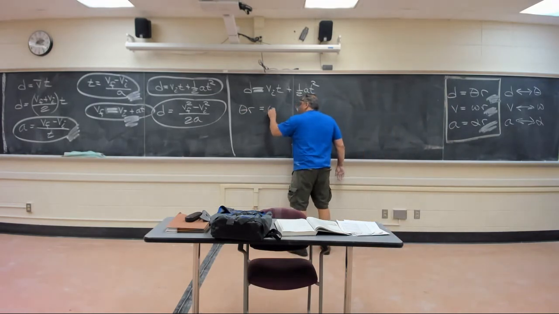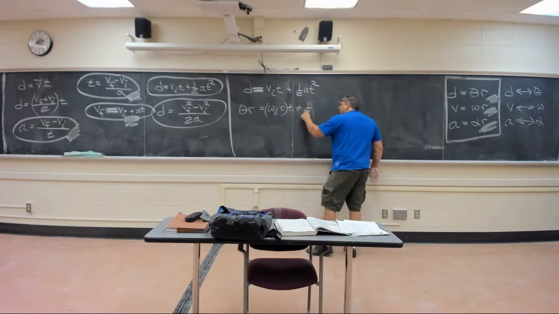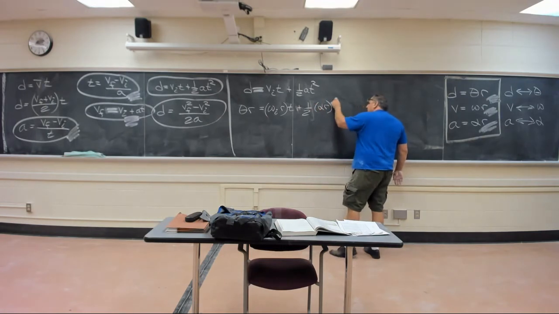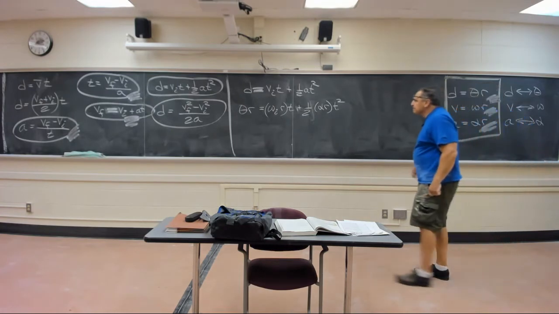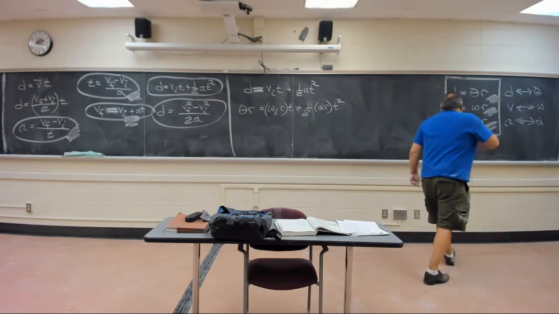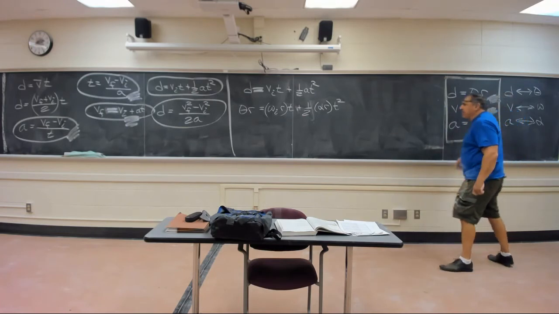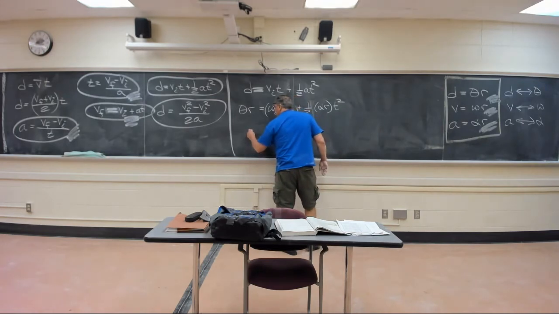VI, I'll call it omega I times r times t. A, I'm going to call it alpha r times t squared. D equals theta r, V equals omega r, A equals alpha r. Got more questions to ask.